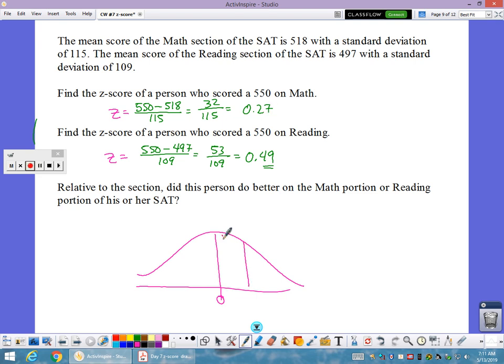Here's like a third above, and here it's almost a half above. So who did better? Well, there's less people below. They did better than less people than here. So I would say they did better on their reading score than they did on their math relative to the test.